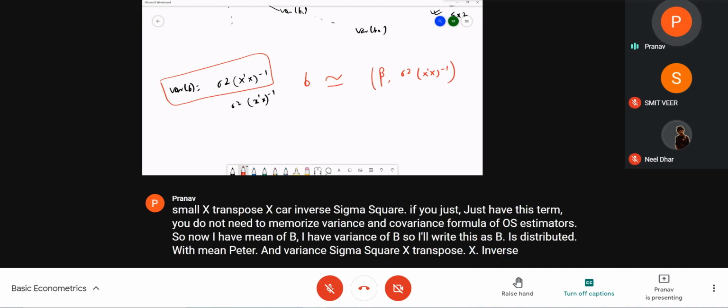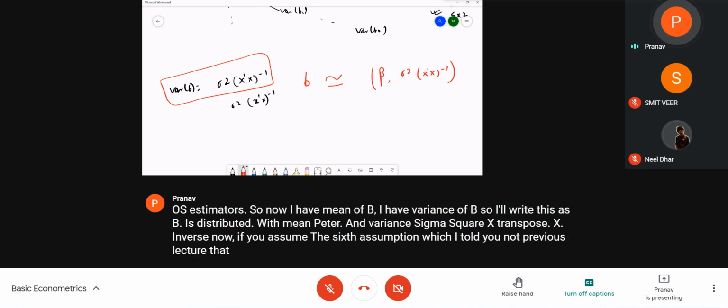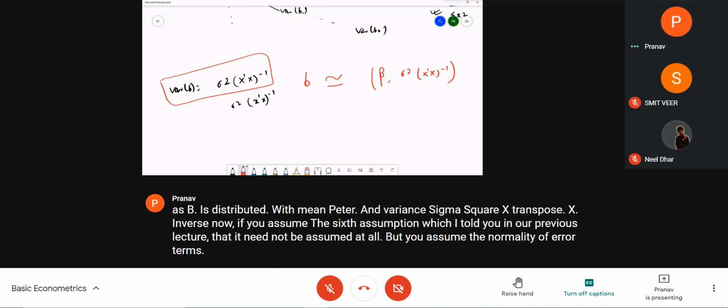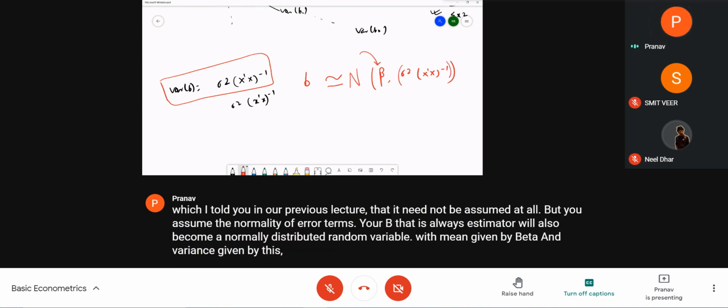Now if you assume the sixth assumption which I had told you in our previous lecture, that it need not be assumed at all, but you assume the normality of error terms, your B, that is OLS estimator, will also become a normally distributed random variable with mean given by beta and variance given by this term.